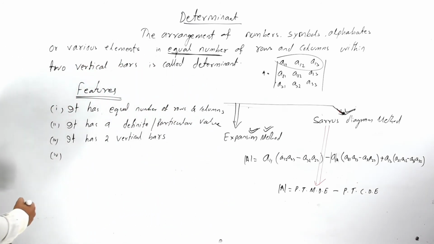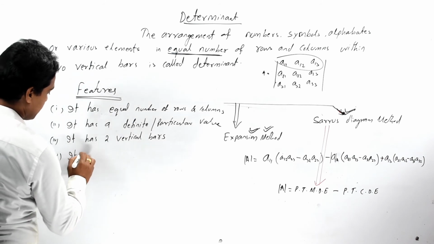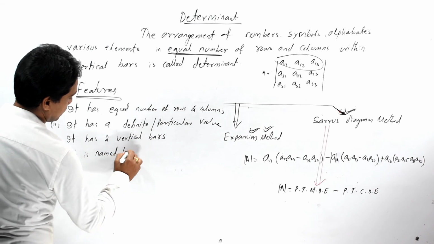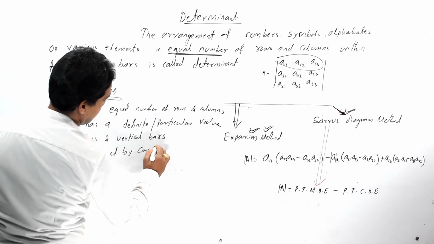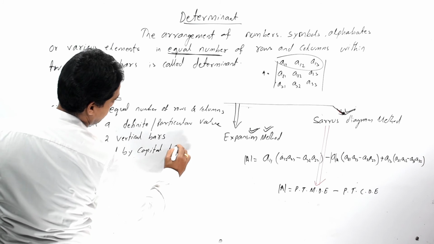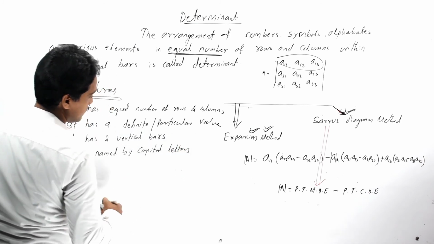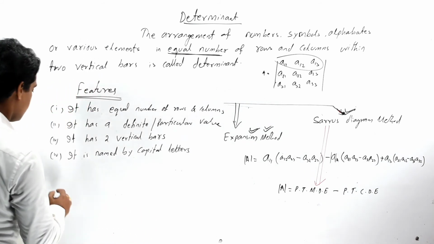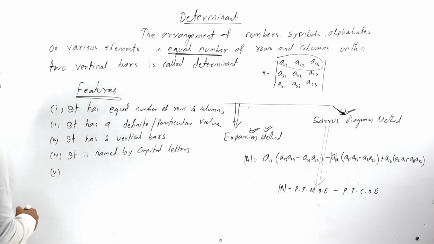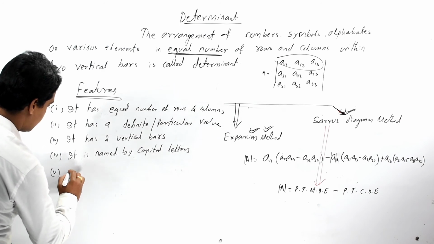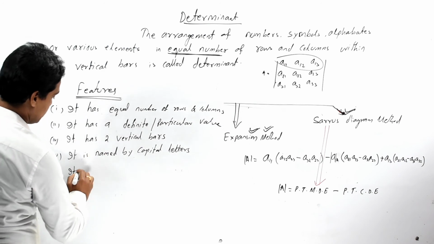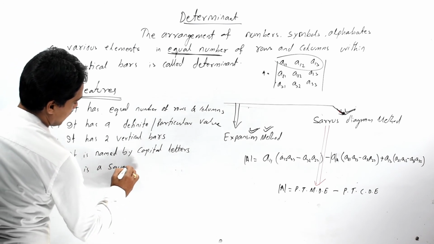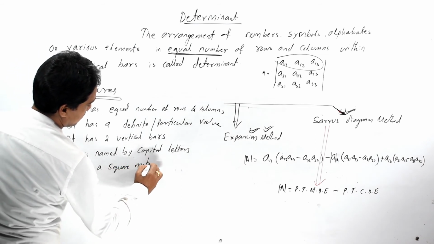Our fourth feature is that it is named by capital letters of the English alphabet, whereas its elements are always small letters. The next feature is that each and every determinant is a square matrix.